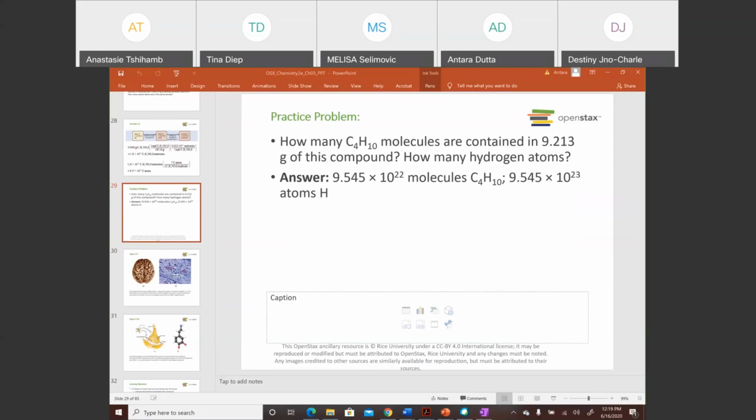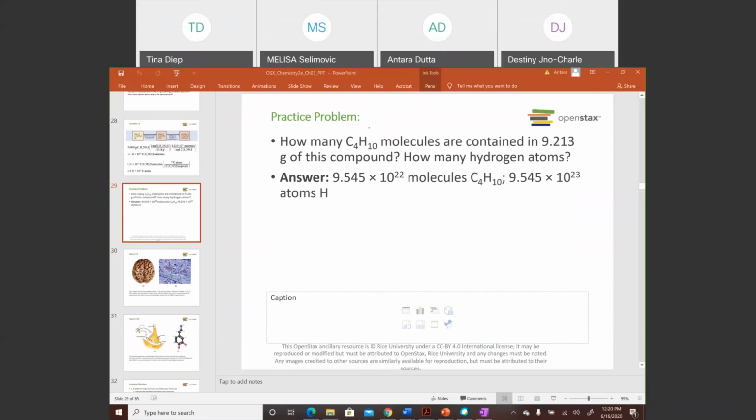You are given the grams of this compound, C4H10, and they are asking how many molecules there are. The molar mass is what you have to find. And then atoms is for hydrogen only, remember. It is not for the whole molecule. So how many hydrogen atoms are present in that many moles or in that many grams?